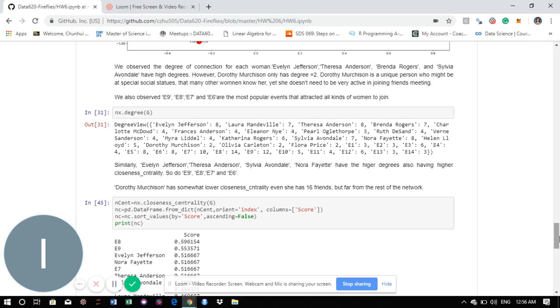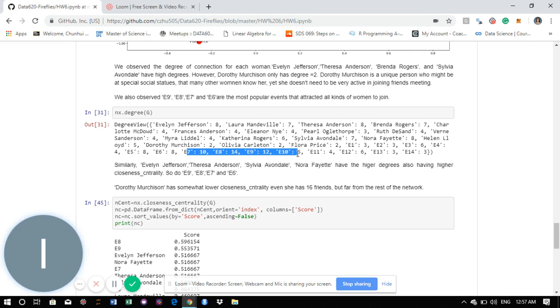We have seen that event 9, event 8, event 7, and event 6 also have a pretty high degree here. A high degree means they affect more of the other people in this network.